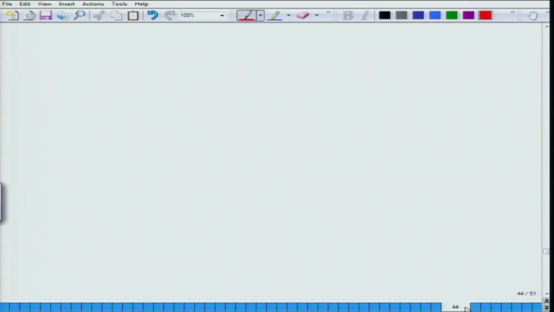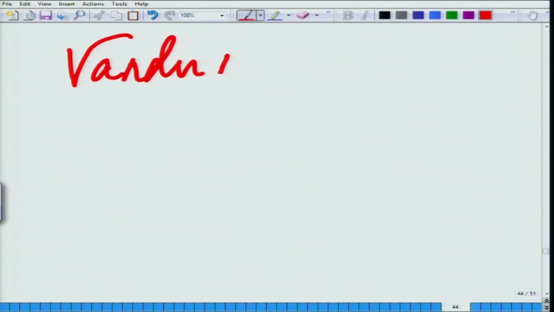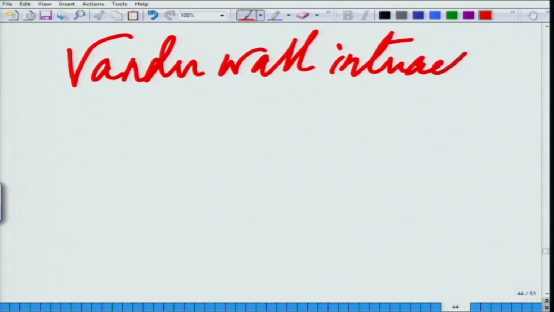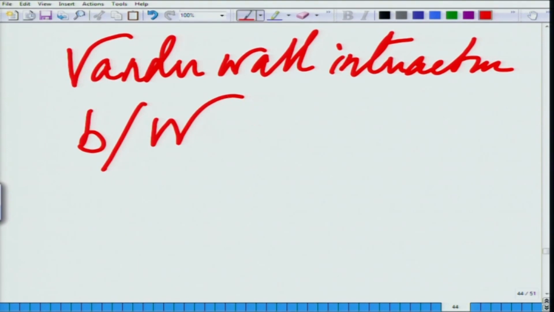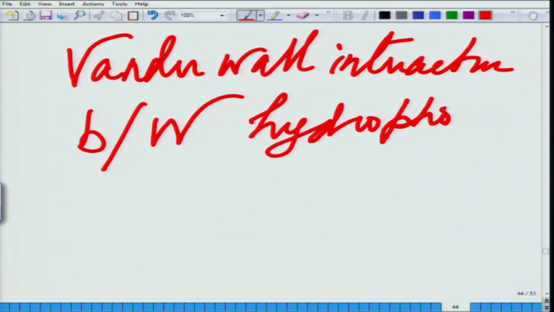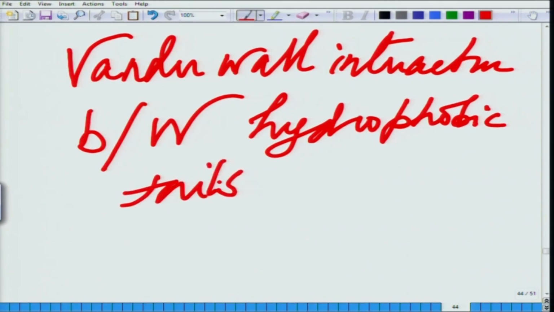Next is the van der Waals interaction between hydrophobic tails. This is also a very critical feature.